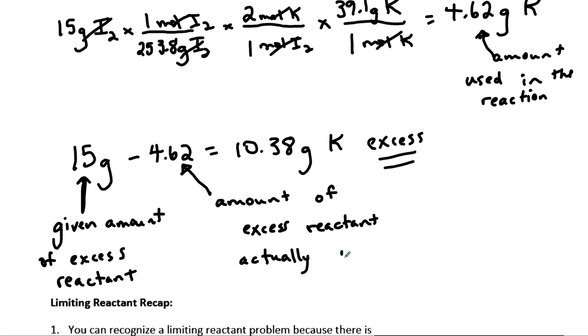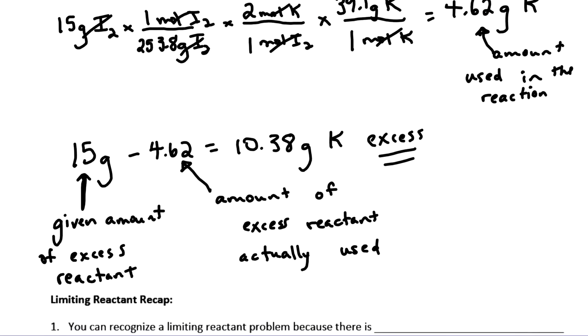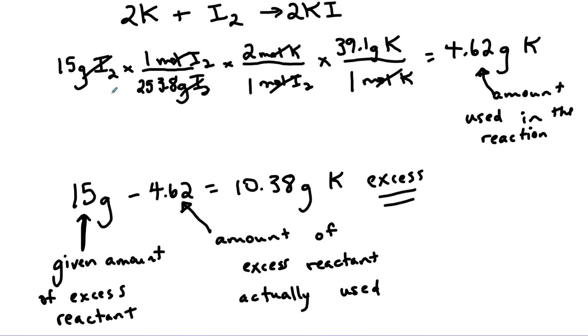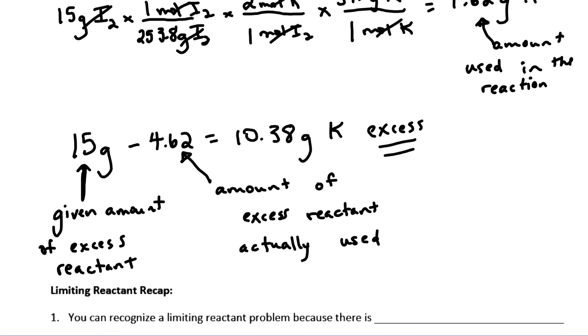And that is determined by using your limiting reactant and converting to excess reactant. So really, if you understand what you're doing, you already have all the tools to do so. It does make a lot of sense as to how you would go about doing this.